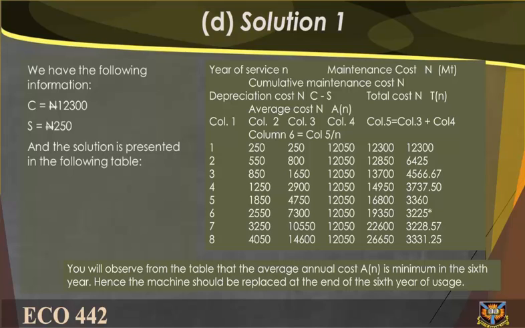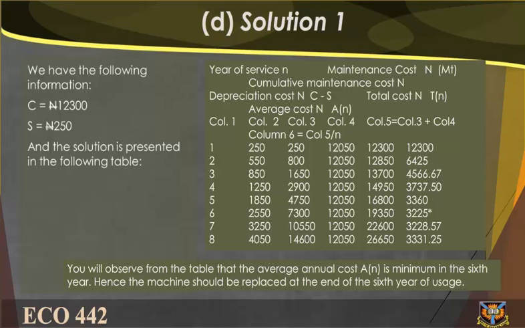Year 3: 850, 1,650, 12,050, 13,700, 4,566.67. Year 4: 1,250, 2,900, 12,050, 14,950, 3,737.50.